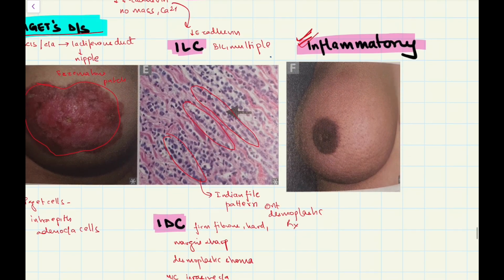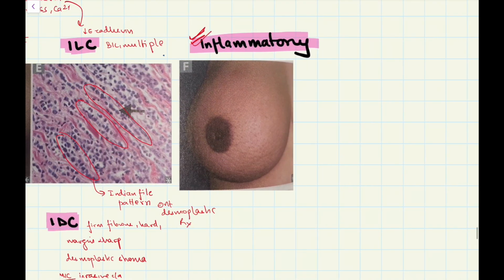Next invasive cancer is inflammatory breast cancer. So here what happens is that there is invasion of dermal lymphatics leading to breast pain with warm, swollen and erythematous skin, especially around the hair follicles, right.